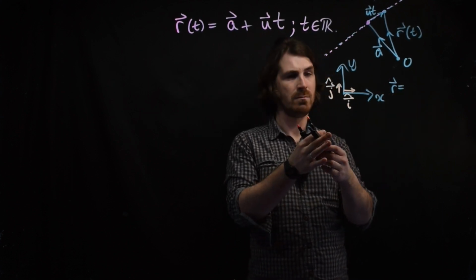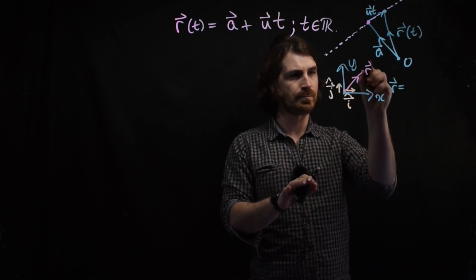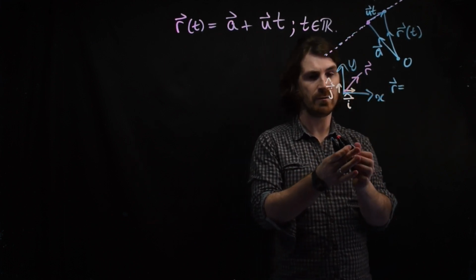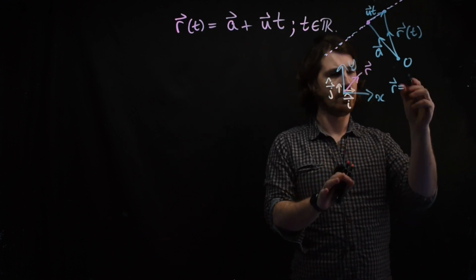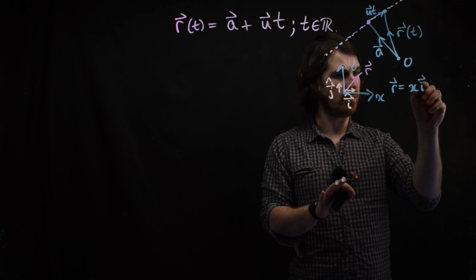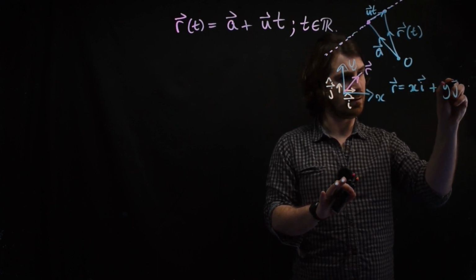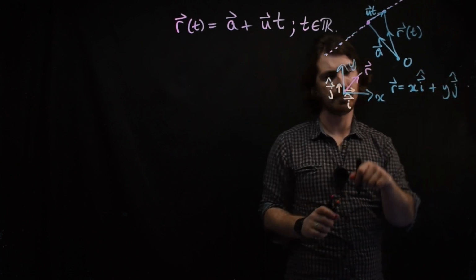So if we have some vector r, this can be written in terms of the components. So we have x along the i direction and y along the unit vector j.